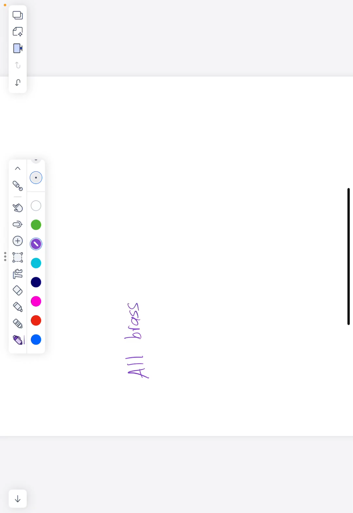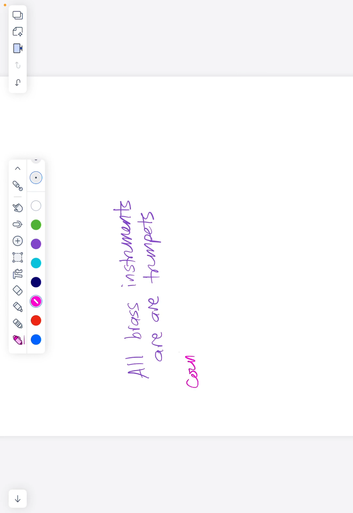If you know band instruments, all brass instruments are trumpets. Is that true? So what's a counterexample? Counter meaning against. So an example that's against this statement.